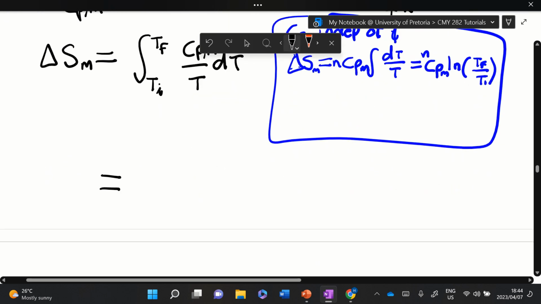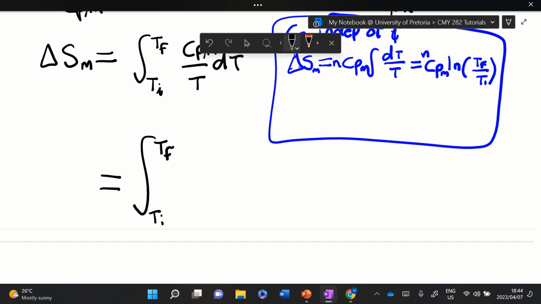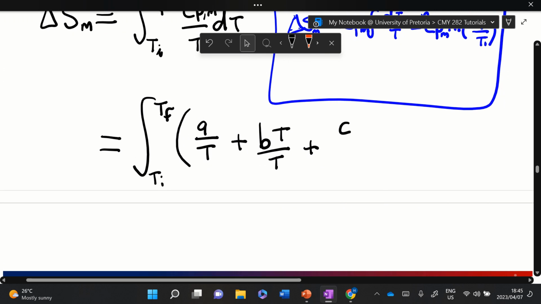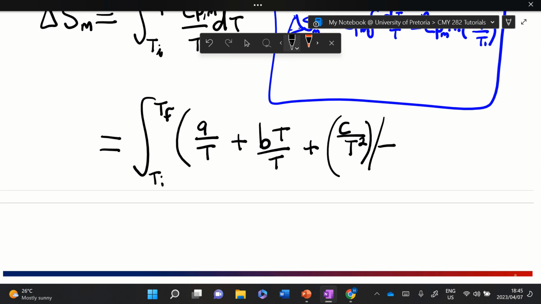So what we have here is the integral from Ti to Tf of A plus BT plus C over T squared, divided by T, dT.